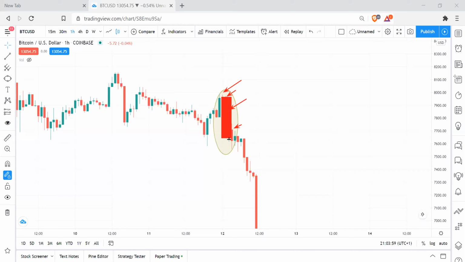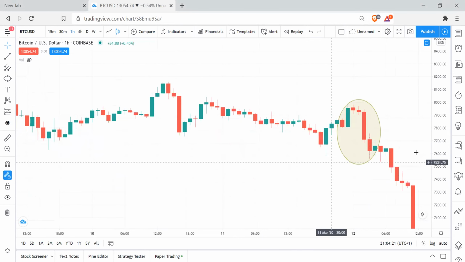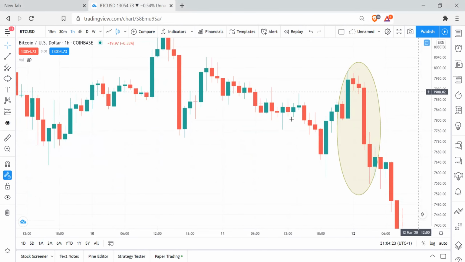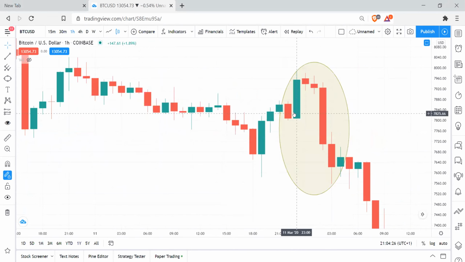Just give you one huge red candle, and that's what you see on the 4-hour time frame. So yeah, that's basically it for candlesticks. You see them broken down much more as you go deeper into the lower time frames.